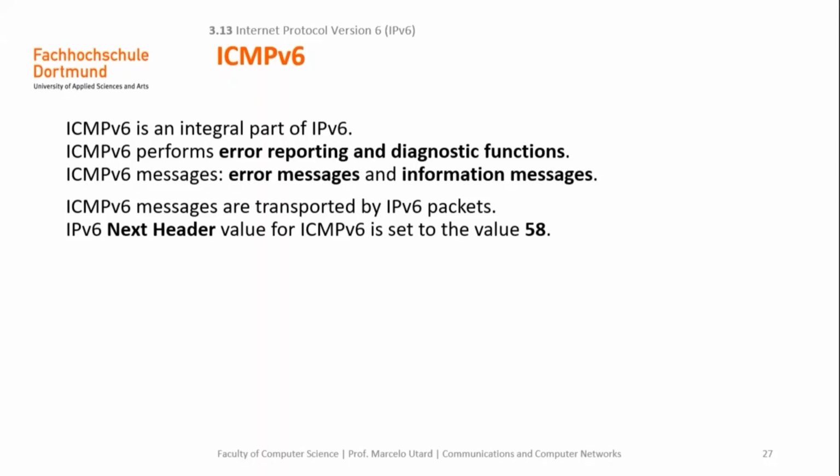ICMP version 6 messages are transported by IP version 6 packets, and in fact, the IP version 6 next header value for ICMP version 6 is set to value 58.